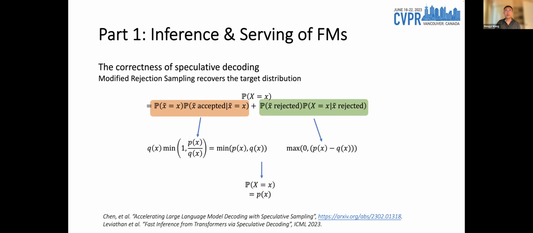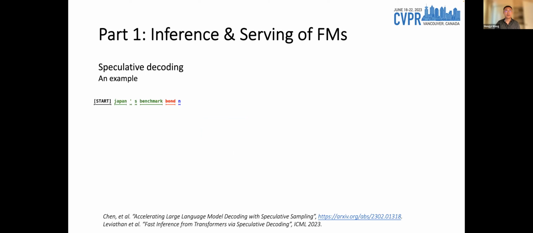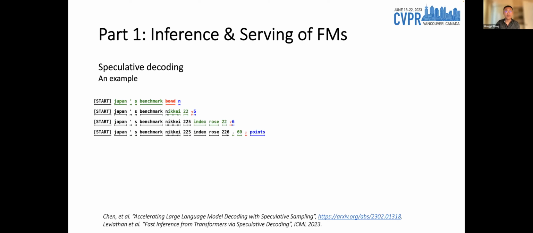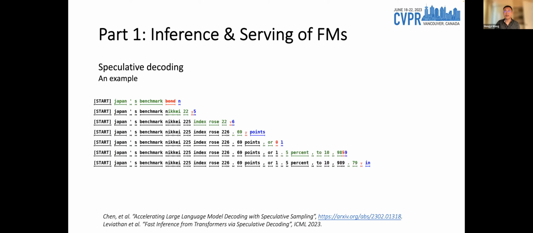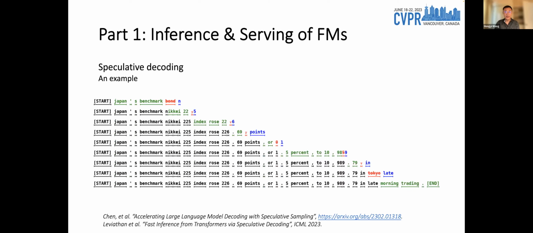Let's walk through a very concrete example here. Let's say "Japan's benchmark bond", and the large model finds that "bond" is not correct. Then we correct it, keep generating, and try to generate until we reach the end. In this example, we generate 31 tokens, but with only 9 rounds of participation of the large language model.